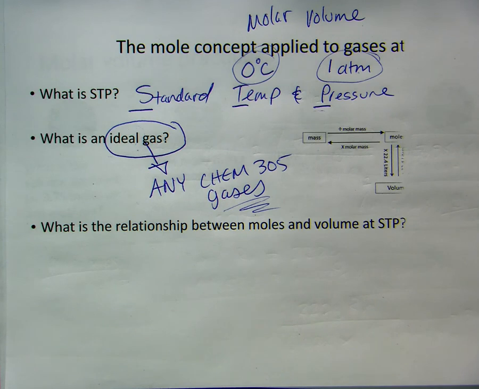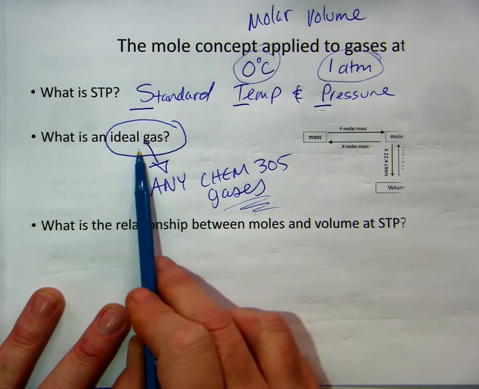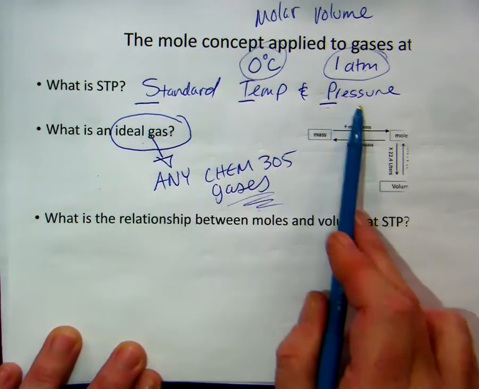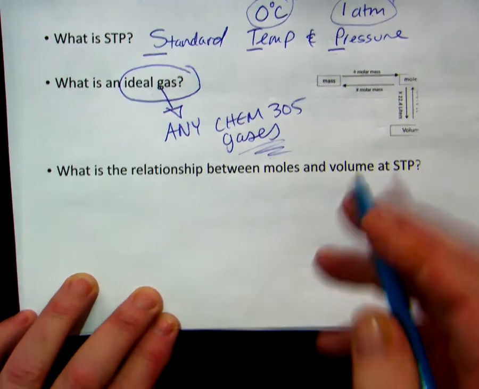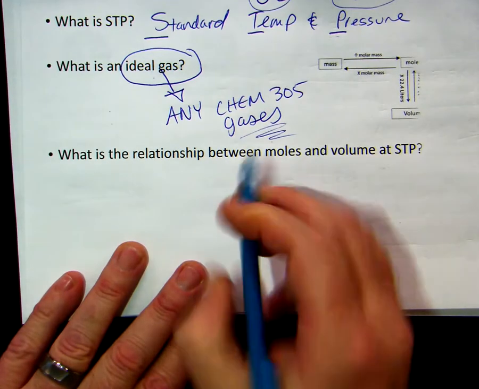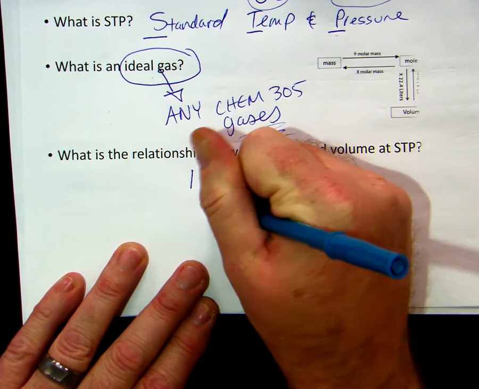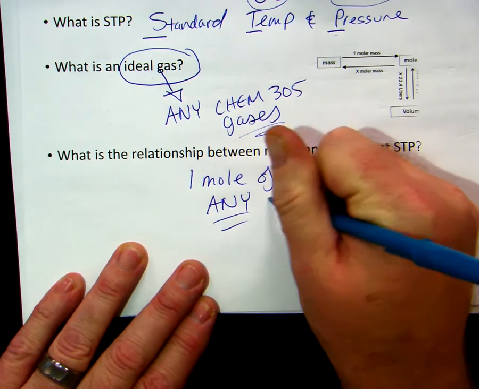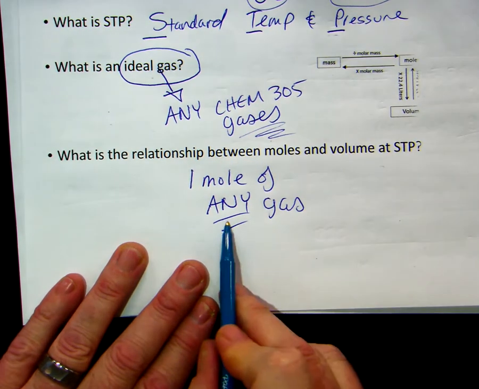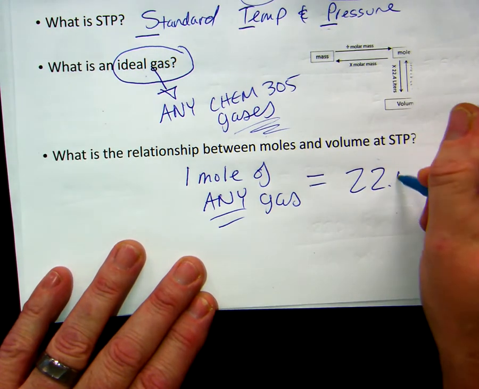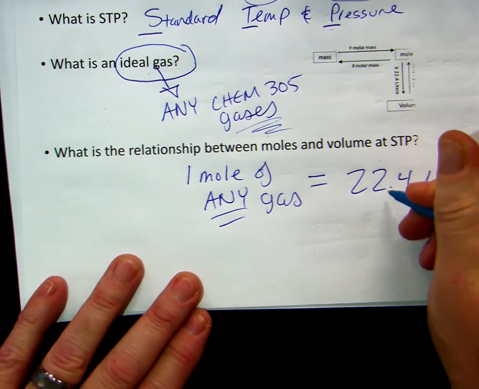So any Chem 305 gas is an ideal gas, and at conditions of standard temperature and pressure, STP, the relationship between moles and volume is this: 1 mole of any gas will equal 22.4 liters in volume.